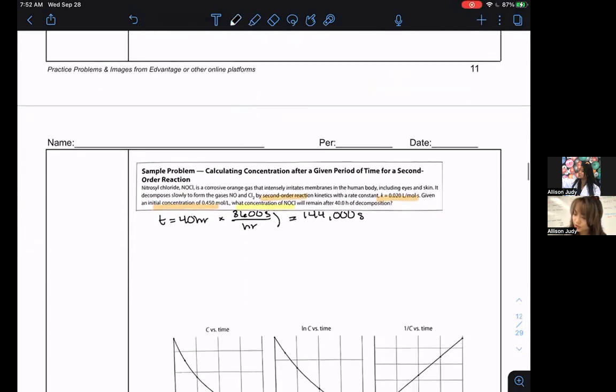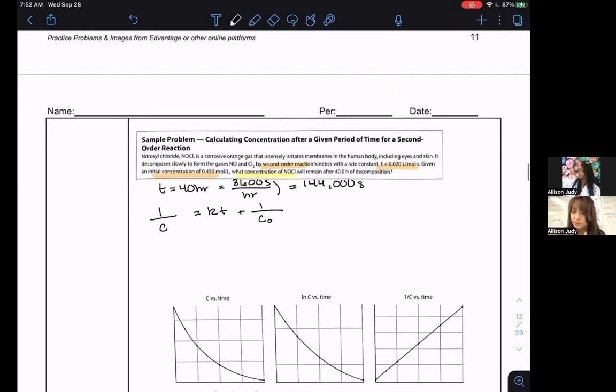So I'm going to go immediately to my integrated second order rate law expression. I know that the reciprocal of the concentration after a certain amount of time is equal to kt, the rate constant times the time, plus 1 over the initial concentration. And all I do is simply plug and chug. My goal is to find 1 over C, or isolate C, the concentration after a specific amount of time.